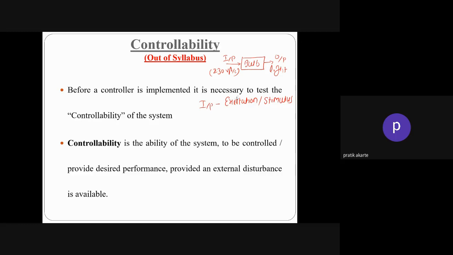What is an input signal? An excitation or stimulus provided to the system from an external source to give an output. Here, in the case of the bulb, the input is power.